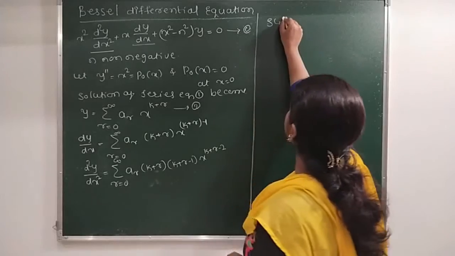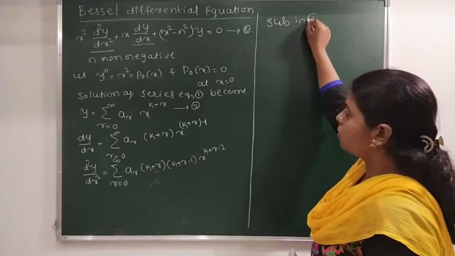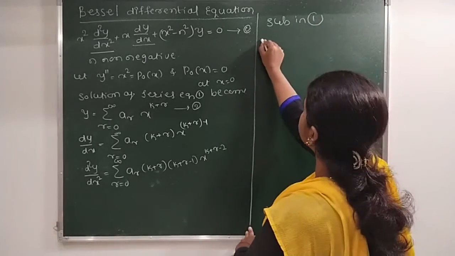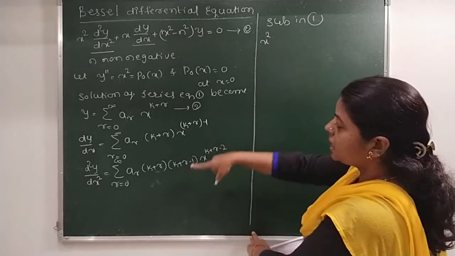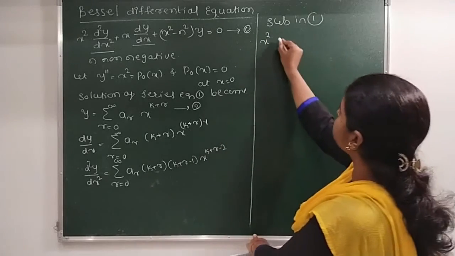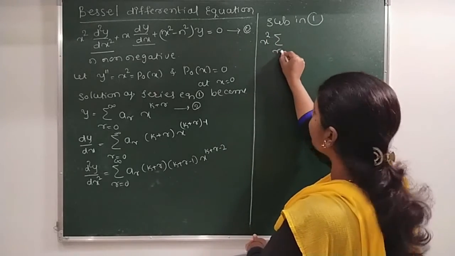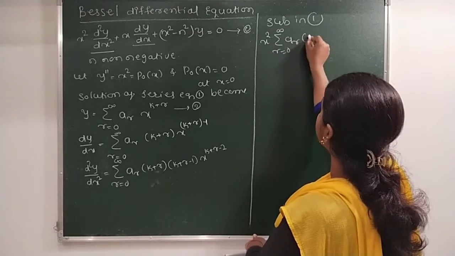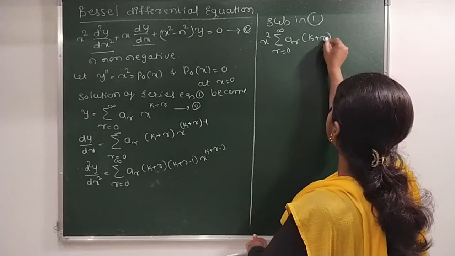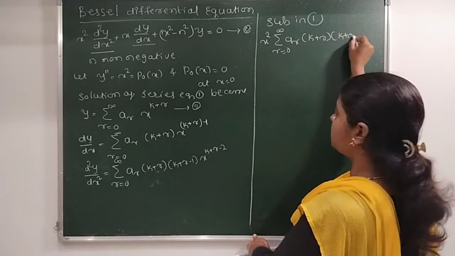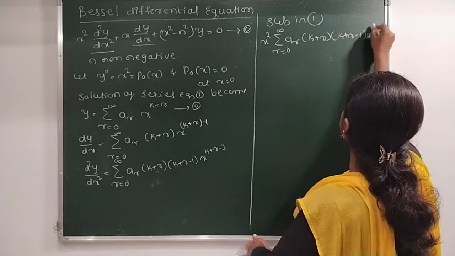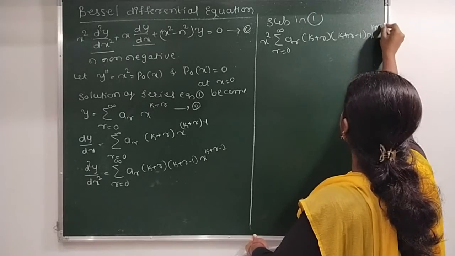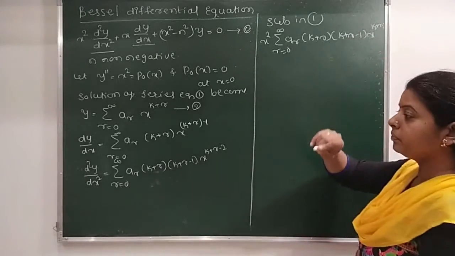Substitute in 1. Now, x square you have to keep as it is. Replace d square y by dx square as summation of r is equal to 0 to infinity ar k plus r minus 1 x raised to k plus r minus 2.